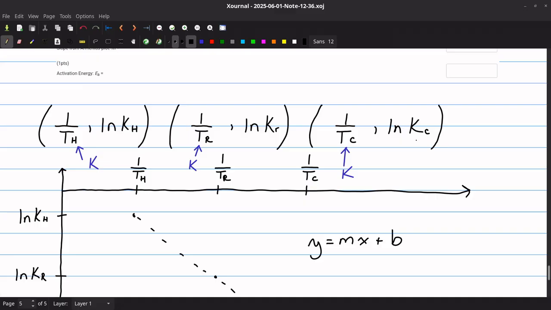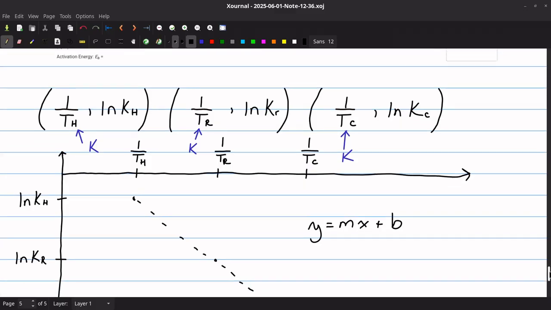The K values you get should be fractions, I can't guarantee that. Your mileage may vary, but if they are fractions, then the natural logs are going to be negative. But the trend does continue, because the hot is going to have the largest K. The natural log of that is also going to be the larger of the numbers.